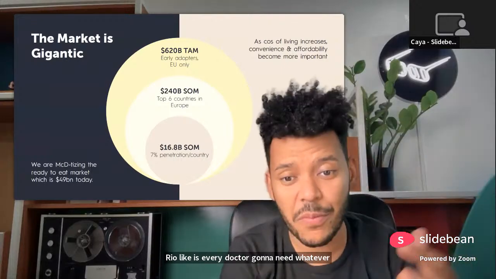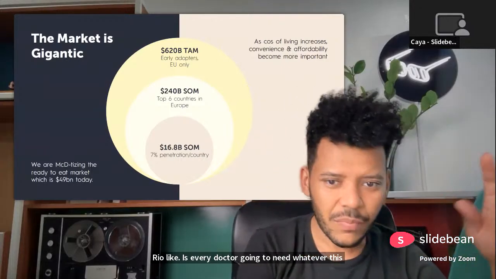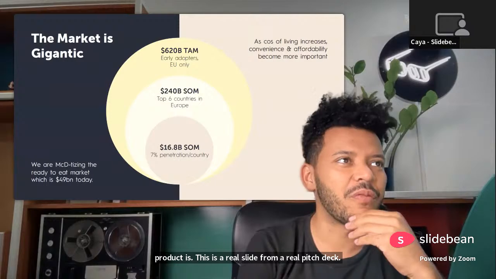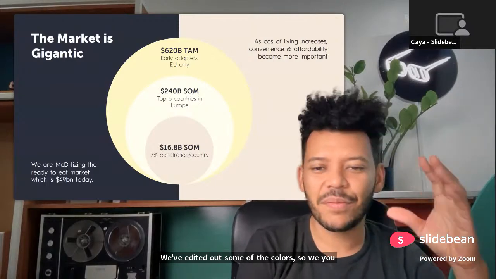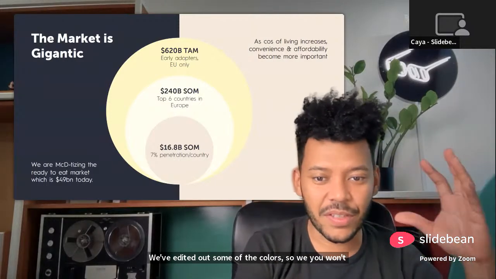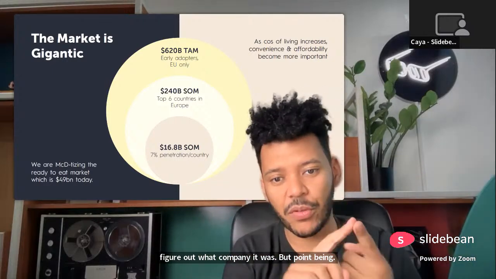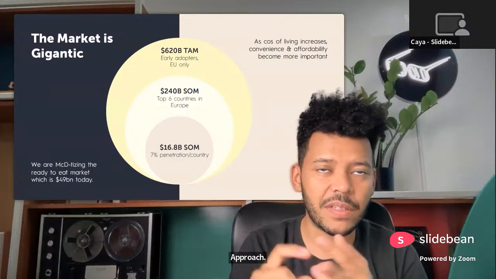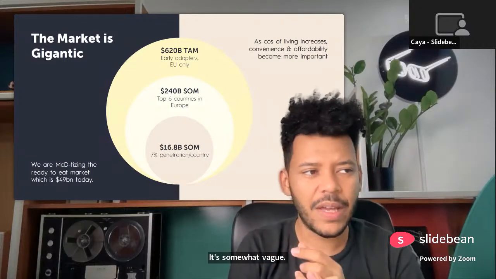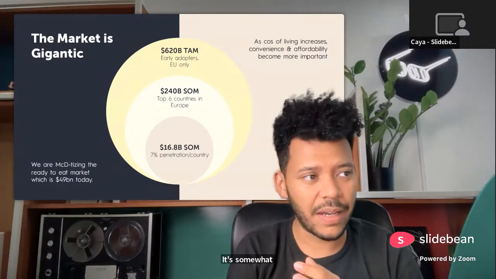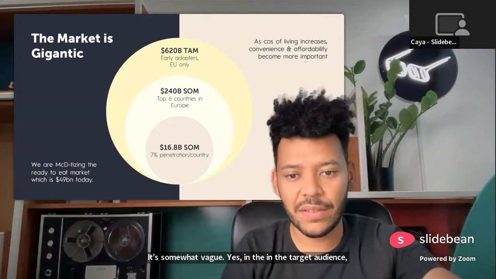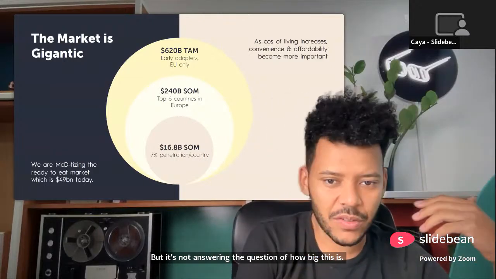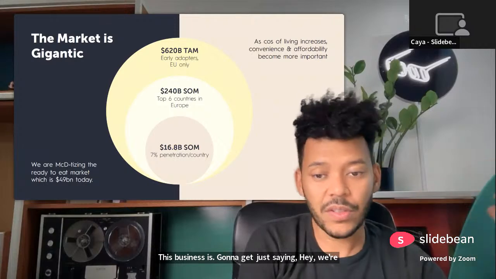This is a real slide from a real pitch deck. We've edited out some of the colors so you won't figure out what company it was. Point being, this is a bad slide because it's a top-down approach. It's somewhat vague in the target audience, and it's not answering the question of how big this business is going to get. Just saying we're going to do 7% penetration in every country is not an answer to this complicated question.